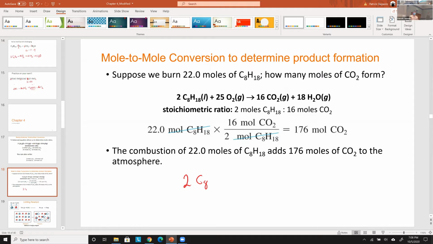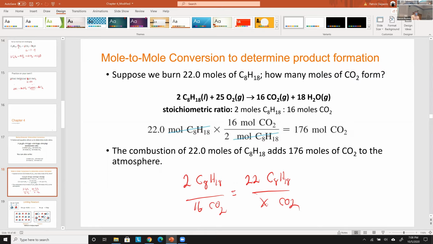If you're good at math and sharp on the ball, it's been a while since I've taken calc, so I just think about it very simply. If 2 moles of octane make 16 moles of CO2, then 22 moles of octane make X amount of CO2. So a simple logical proportion like this.